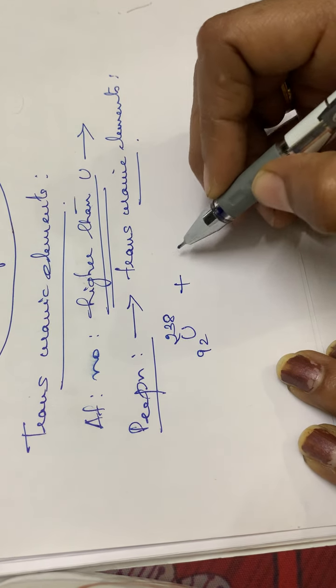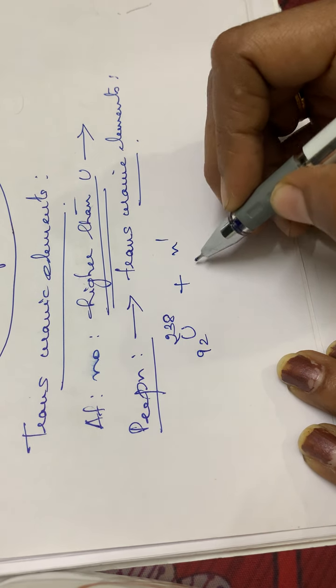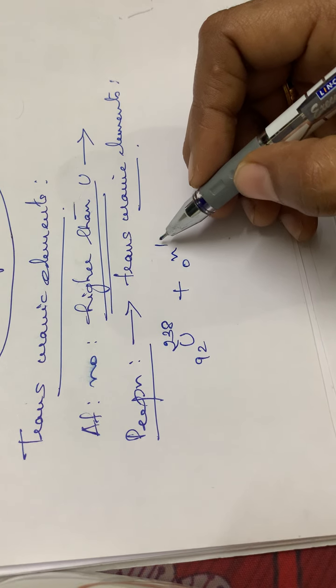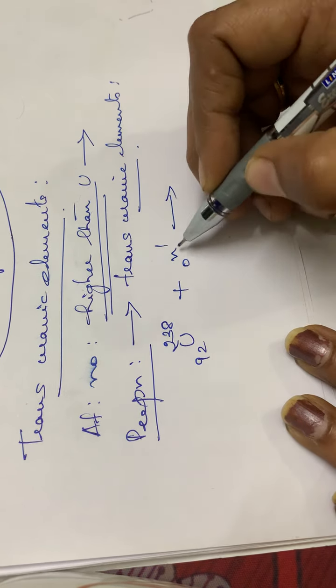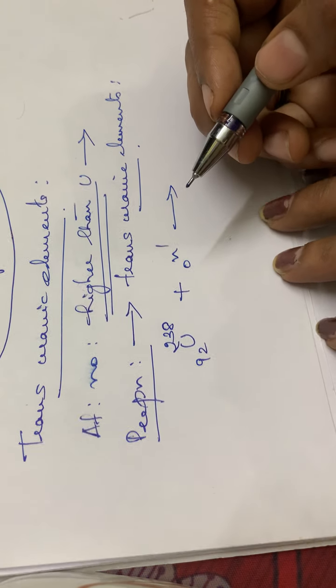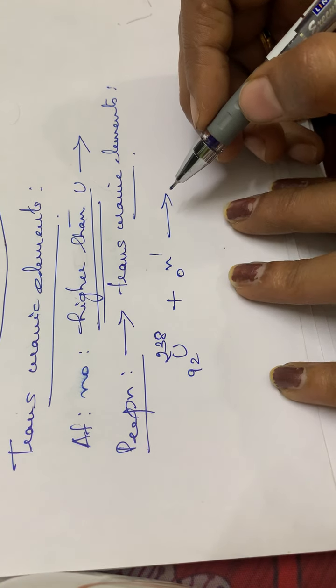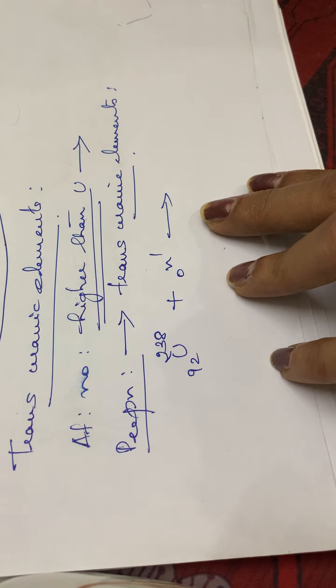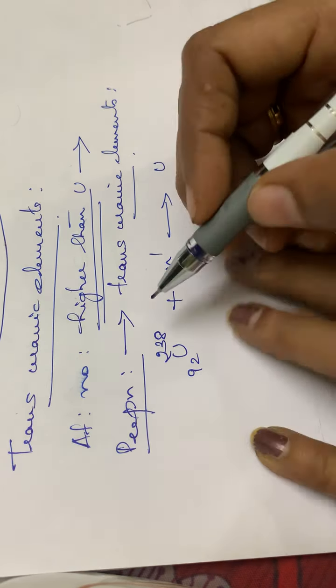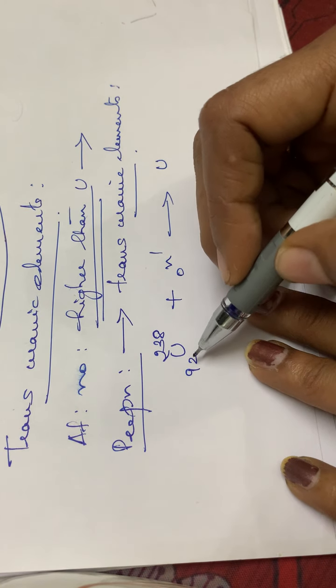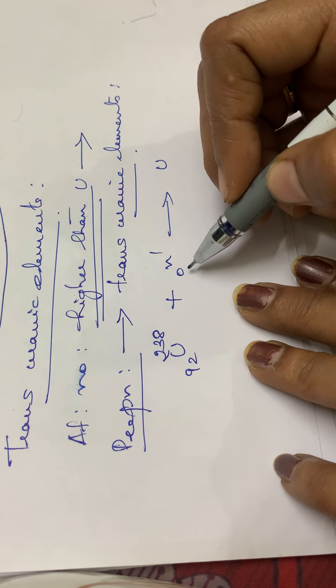When uranium is bombarded with a neutron, it has a charge and mass. Regarding the mass, it is 1, isn't it? So when uranium 238, 92 is bombarded with a neutron, see what happens. We add the mass numbers as well as the atomic numbers.